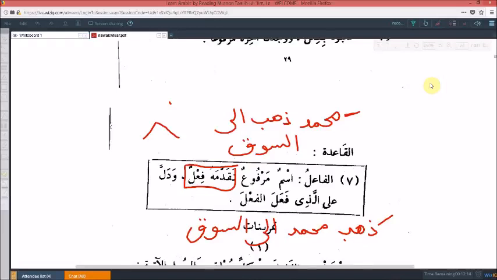What is that saying then? Muhammad went to the market. It says exactly the same thing. However, grammatically, we would talk about it in a different way. So give me 1 second. Let me clear up a piece of paper.